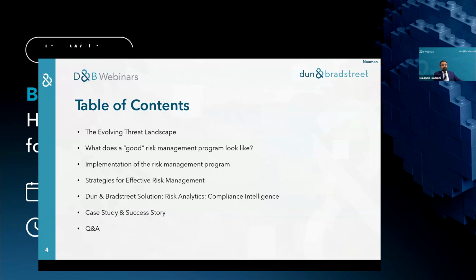And we do have a solution provided by Dun Bradstreet for this purpose called Risk Analytics, Compliance Intelligence. If time permits, we will cover this in a little bit of detail. And then, of course, we'll dive into a case study and some real-life examples, if time permits again. And then, of course, we'll give ample time to Q&A if you have any specific questions towards the end of the webinar, which have not been covered during the session.